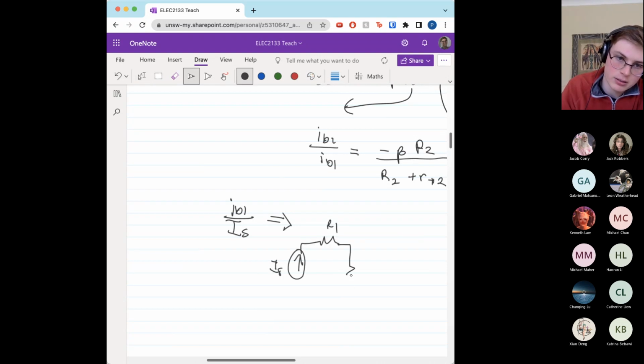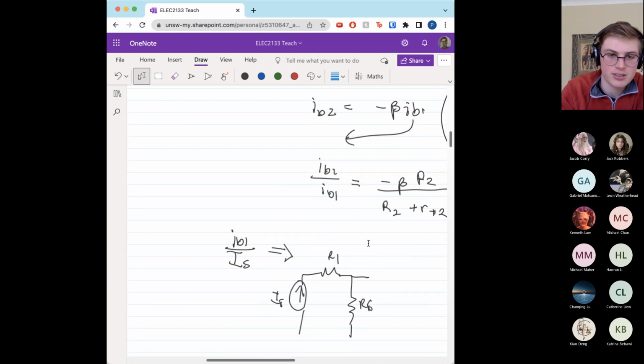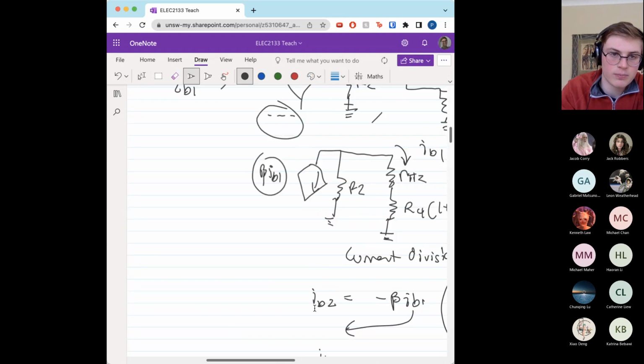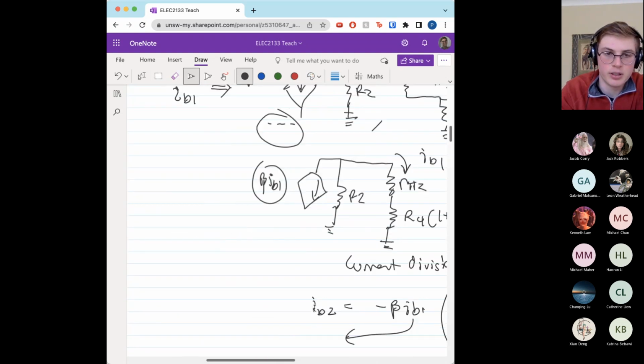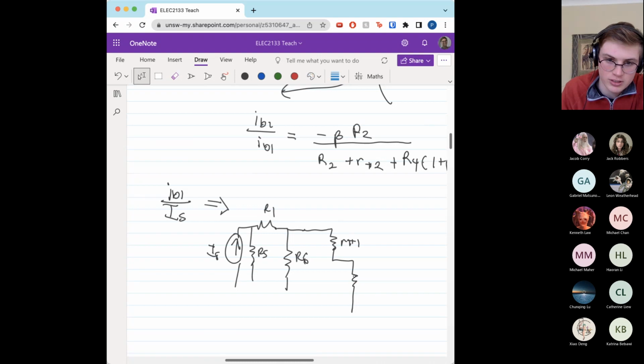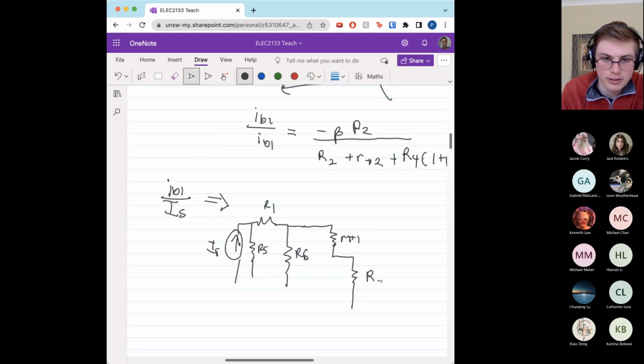I think I remember. R6. No, that was RS. Then R1. I'm going to draw this out just so that it's super obvious to you. Is that R3? Yeah, R3. This is beta IB1. This is IB1.